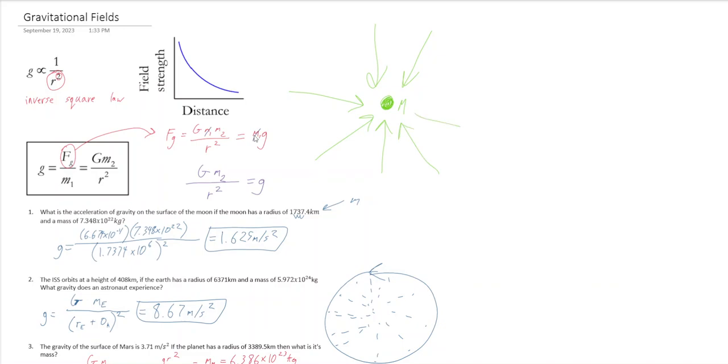And you can calculate the field strength at any given moment by being able to say, hey, this is the radius. So once you know the radius away from the mass, away from actually the center of the mass, you're able to find the field strength at that point. That is what we're doing in this unit, or in this topic. I hope this video helps you better understand gravitational fields, and good luck.